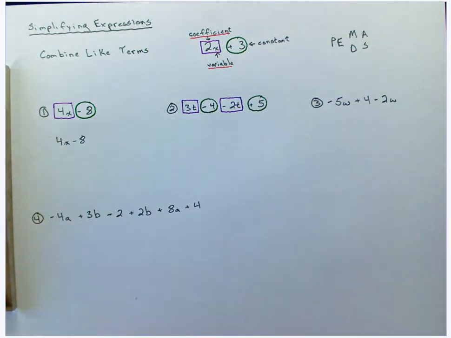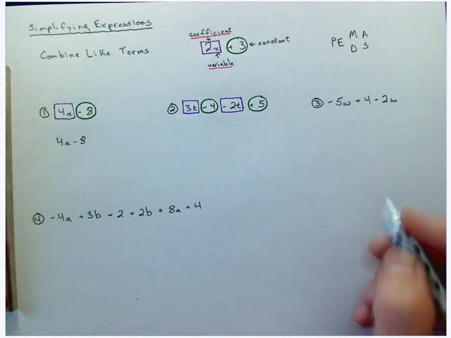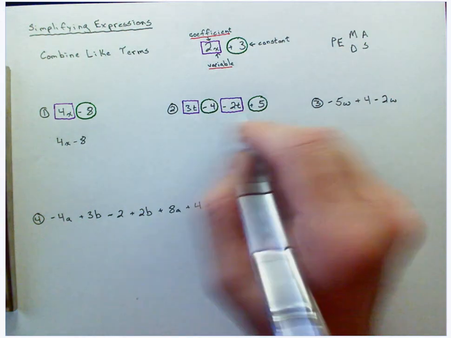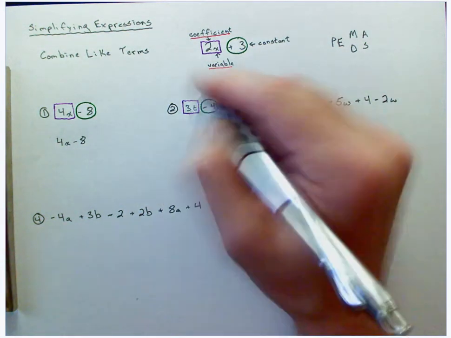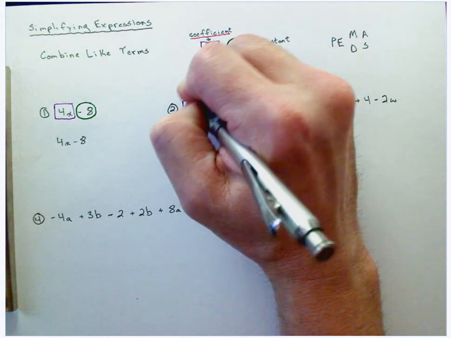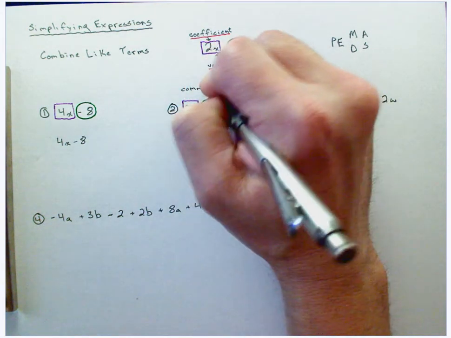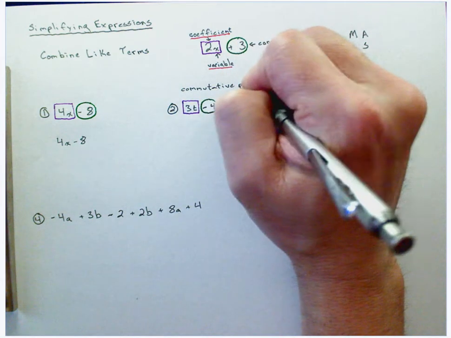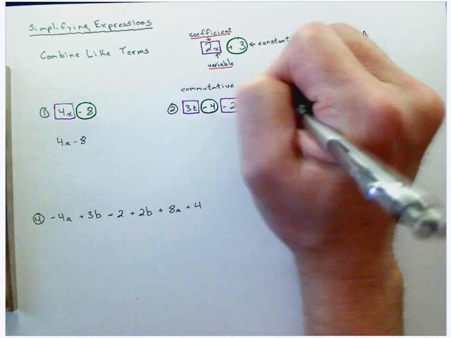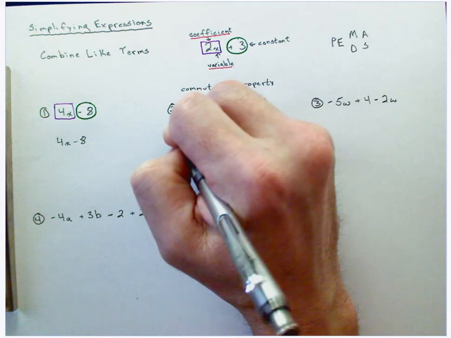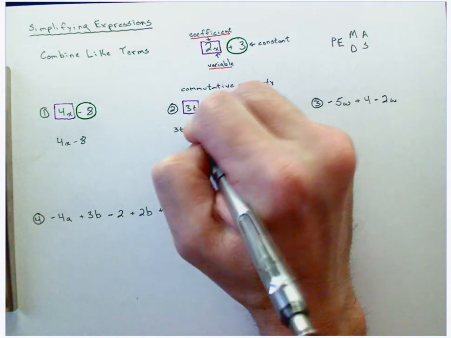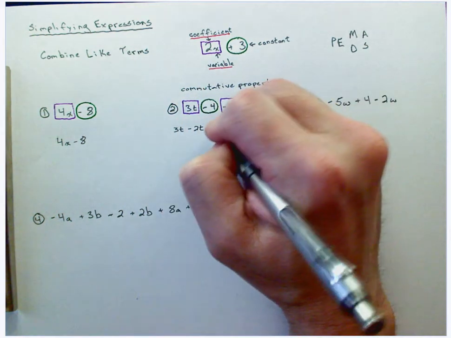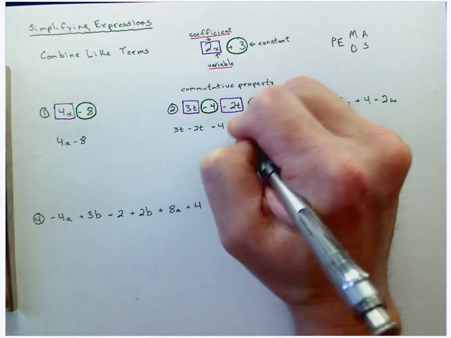Yes, a positive sign. If no sign is given, it's understood to be a positive term. So for this, I'm going to use the commutative property to rearrange my problem and help me to be able to visualize it. I'm going to have 3t minus 2t minus 4 plus 5.